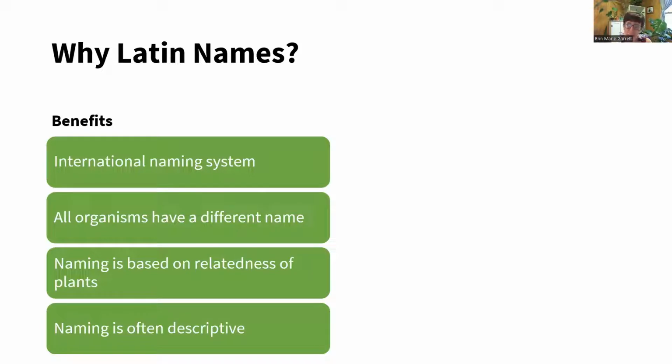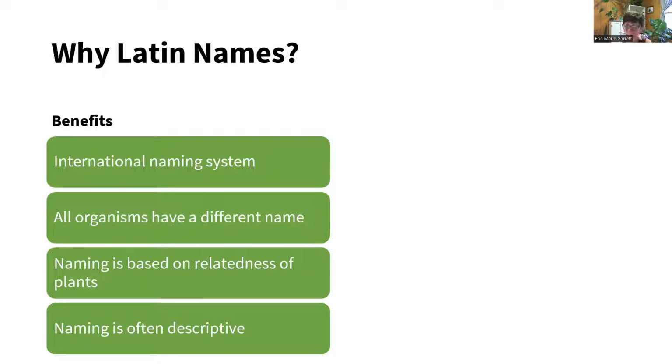They have the same genus name, which means they're closely related to one another. If they had a different genus name, then we know that they're more distantly related to one another than other plants would be to each other. So understanding plant relationships is revealed through the names themselves, and is really helpful once you start using them regularly. They can help you tell which ones are related to one another.